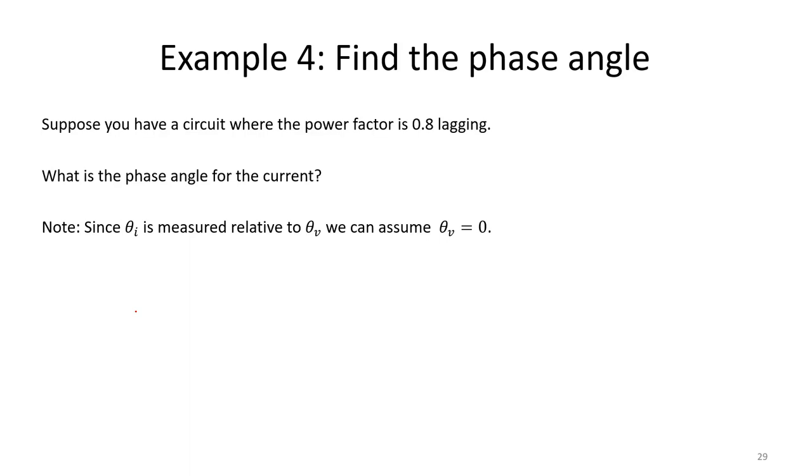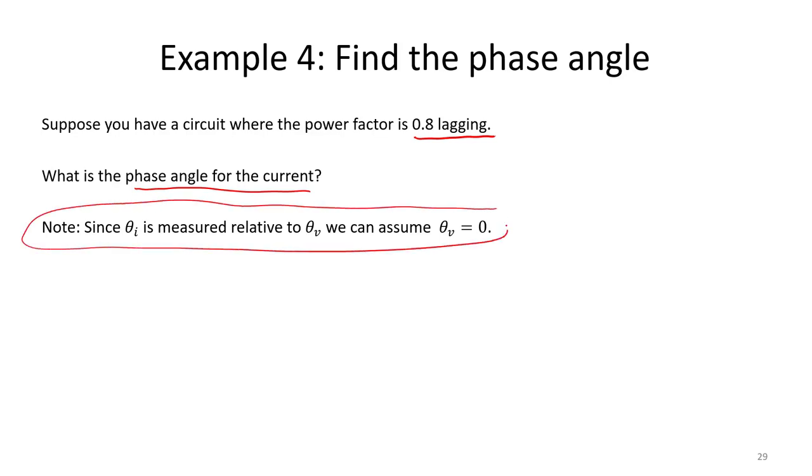Let's do one last example before we move on. Suppose you have a circuit where you're told the power factor is 0.8 lagging. So in this case, we want to find the phase angle for the current. One thing to keep in mind, as noted here, is that our current phase angle is always measured relative to our voltage phase angle.